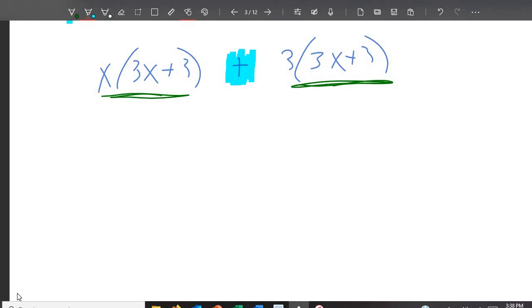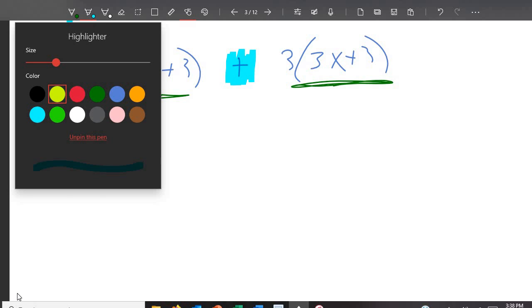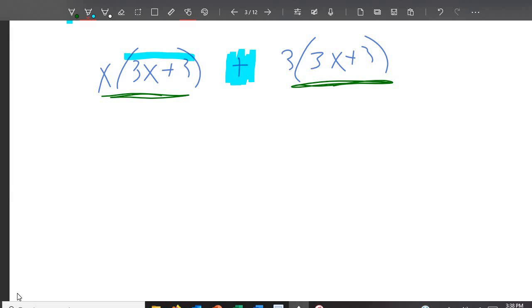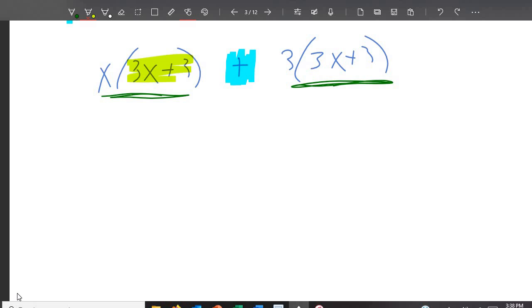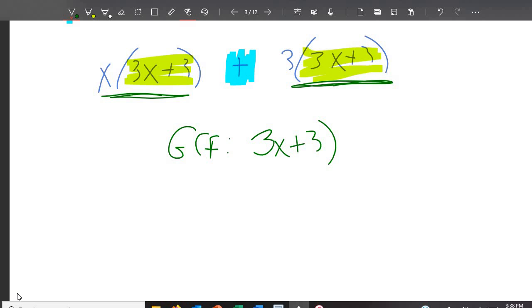Notice on the left and the right hand side, both of these terms have this binomial. The x plus 3 that they have that's exactly the same is my binomial GCF. So instead of having an x squared or 4x cubed or something like that, it's got a 3x plus 3.